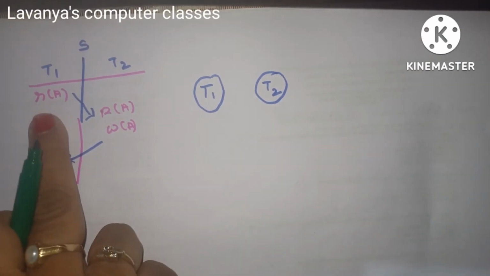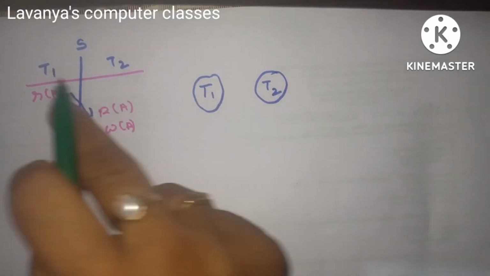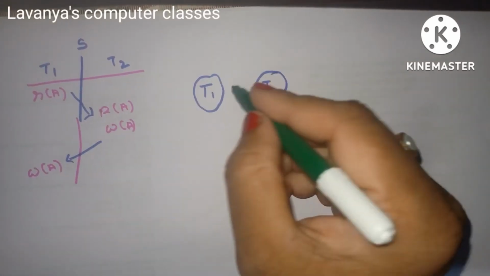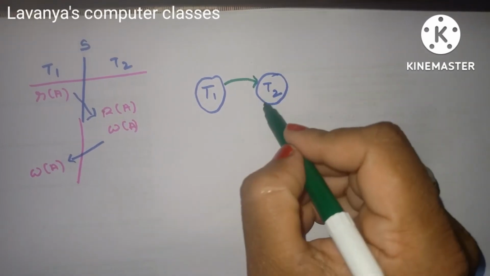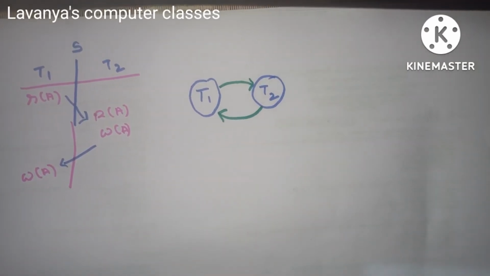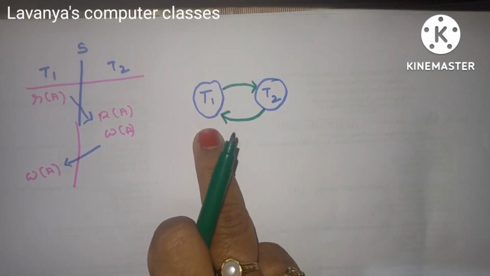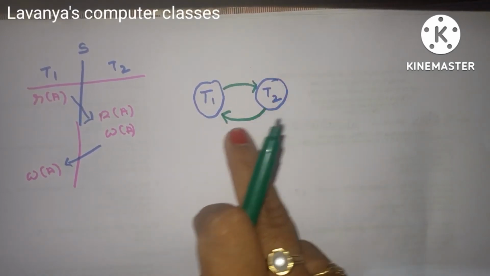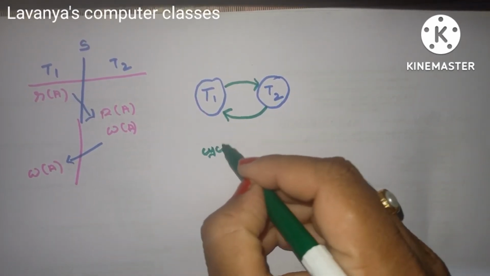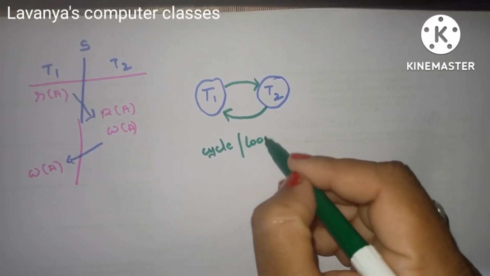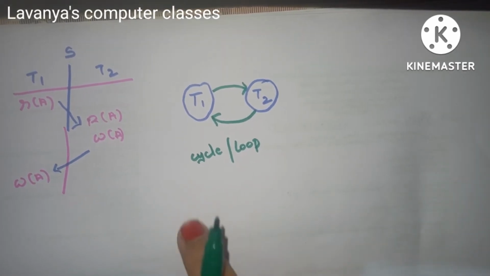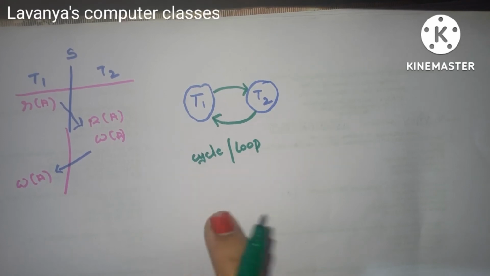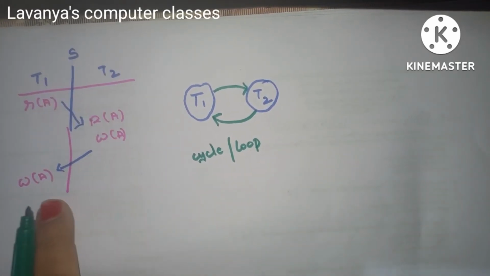First we started with T1, so T1 to T2. After T2 is completed, we go back to T1. So this is the precedence graph. If we see this graph, T1 to T2 and T2 to T1, a cycle or loop is formed. Whenever a precedence graph has a cycle or loop, it is called parallel scheduling, non-serial scheduling.